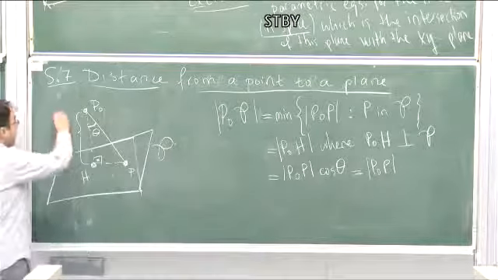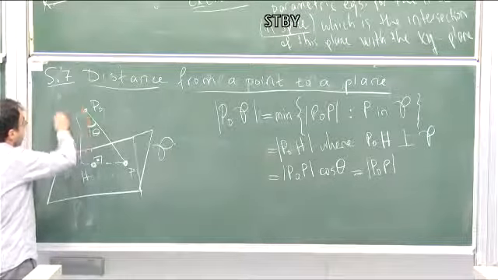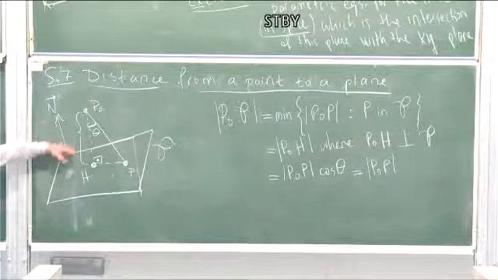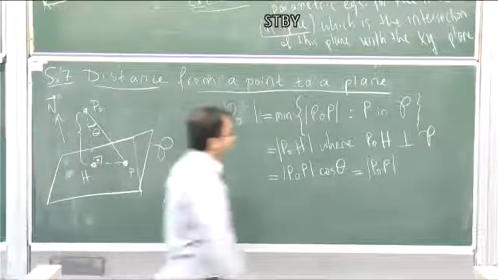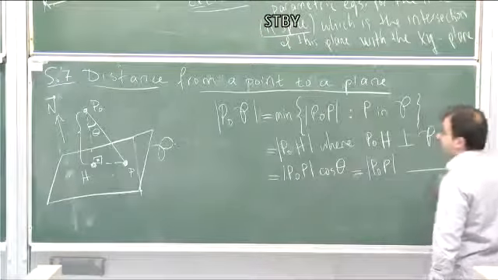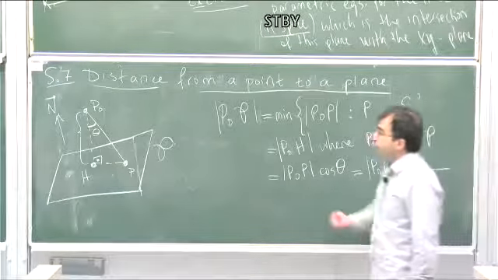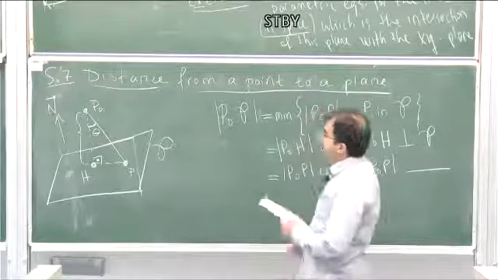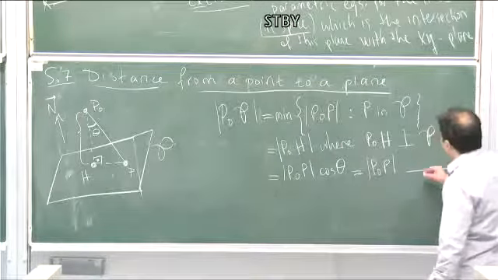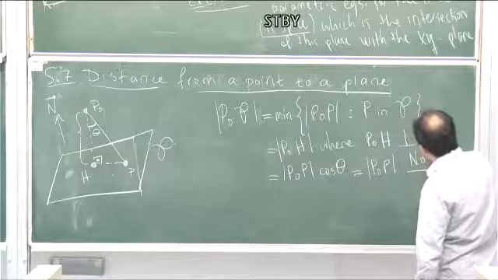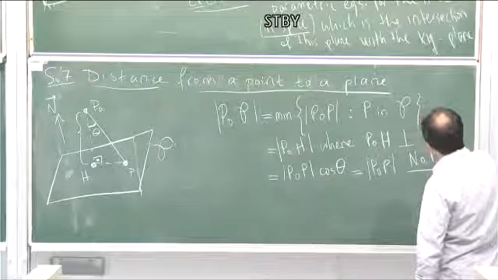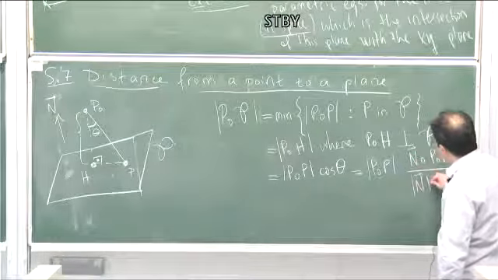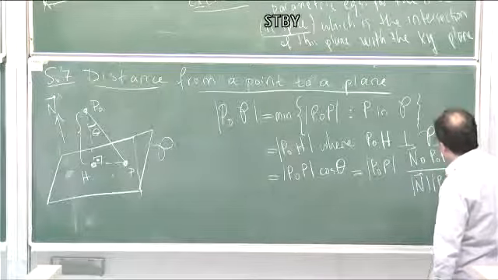This perpendicular direction we already know: it is the direction of the normal vector. So this angle theta will be the angle between this n and this vector, let's say P0P. We can write it as follows: n dot P0P divided by length n times length P0P.